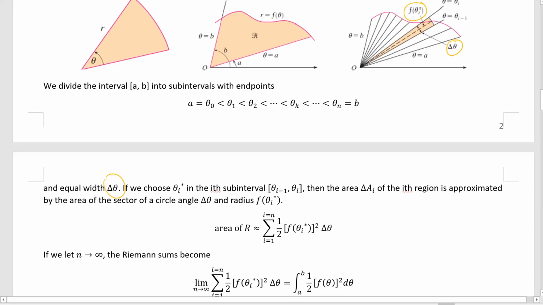So the area of the sector is 1/2 r squared times change of theta, and you always put change of theta at the end.